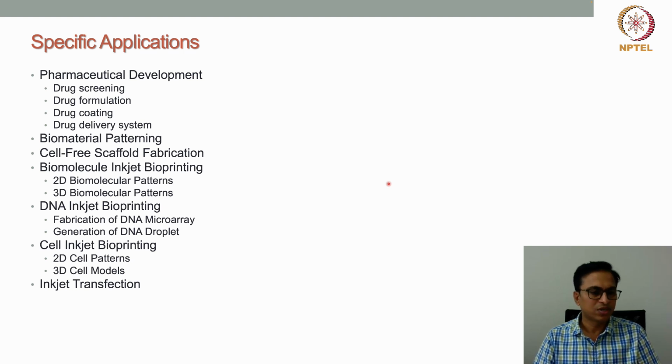is done or going on. And then of course, for cell inkjet bioprinting, because inkjet bioprinting is very popular for cell printing, because the first thing is that this is a non-contact method. It's a drop-on-demand technology. There is very little chance of contamination, and different cells can be patterned in different ways.